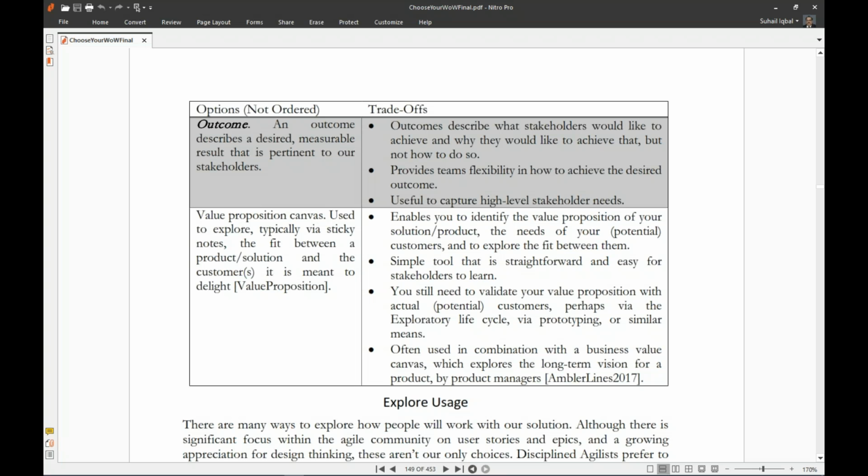A simple tool that is straightforward and easy for stakeholders to learn. You will need to validate your value proposition with actual potential customers, perhaps via the exploratory lifecycle, via prototyping or similar means. Often used in combination with a business value canvas, which explores the long-term vision for a product by product managers.